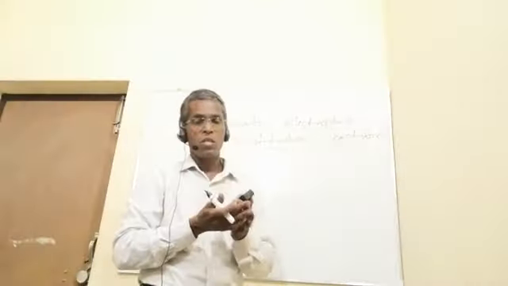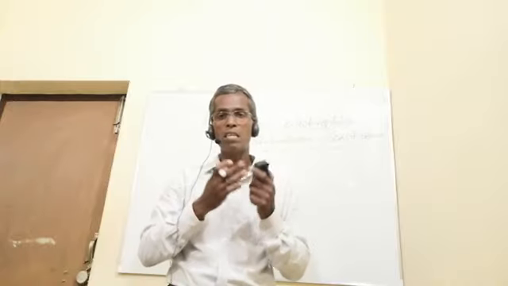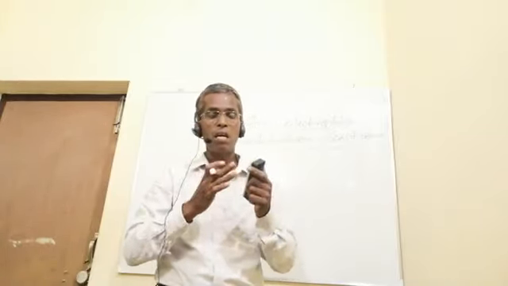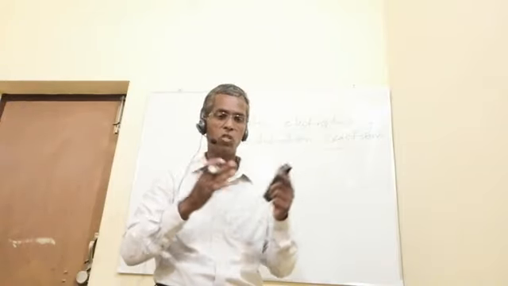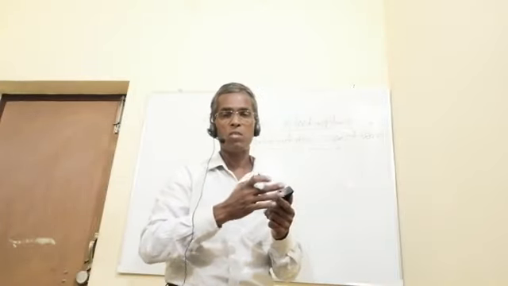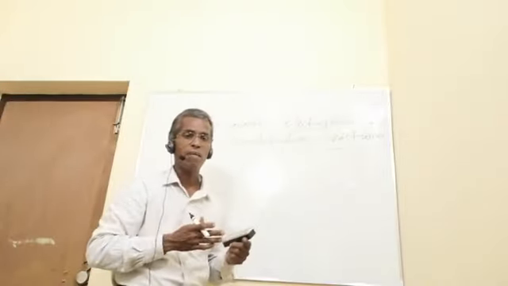Now we are going to discuss the general mechanism of aromatic electrophilic substitution reaction. Remember, we are going to discuss the general mechanism: how the electrophilic substitution reaction in benzene proceeds. What are the different steps normally involved during electrophilic substitution reactions in benzene?